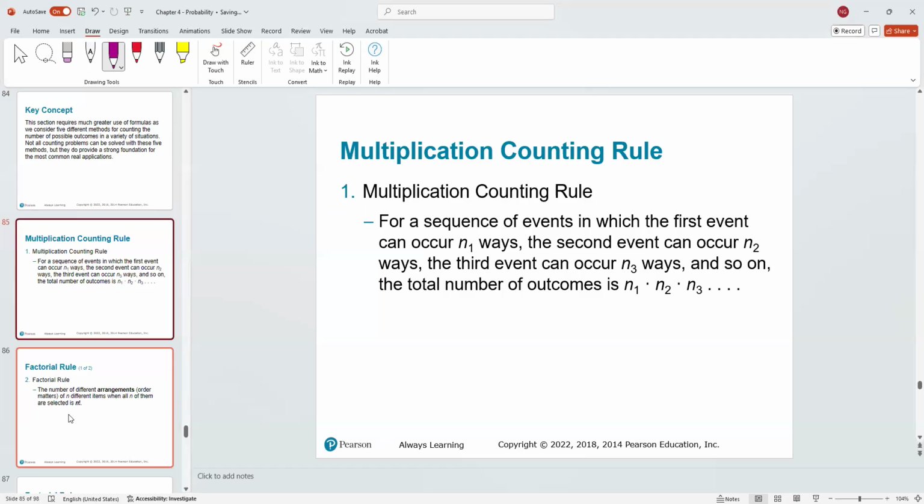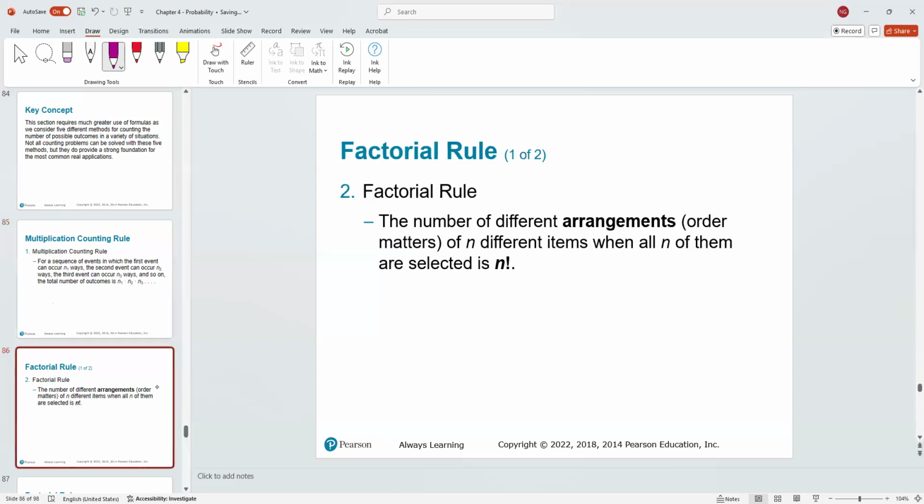For those of you who forget, I'm going to go with the factorial rule. The factorial rule is used to find the total number of ways that n different items can be arranged. Order of items matters. We use the exclamation symbol.